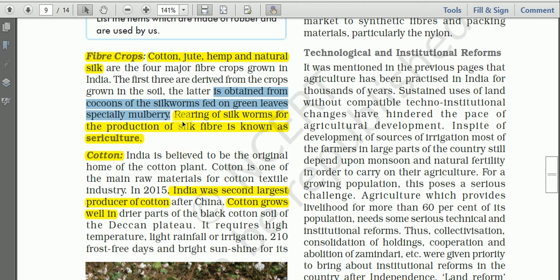The rearing of silkworms for production of silk fiber is known as sericulture. Remember, rearing of silkworms for production of silk fiber is known as sericulture.